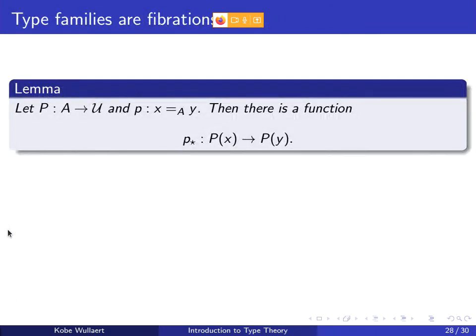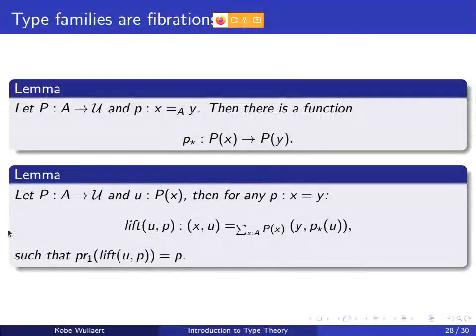And then, as I said in the beginning, a type family you think of as some kind of fibration, a little bit more formally why. If you have a path, then you automatically get a function like this, again probably by induction. And why is it a fibration in a sense?